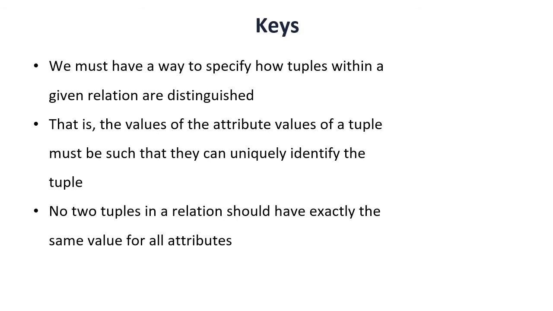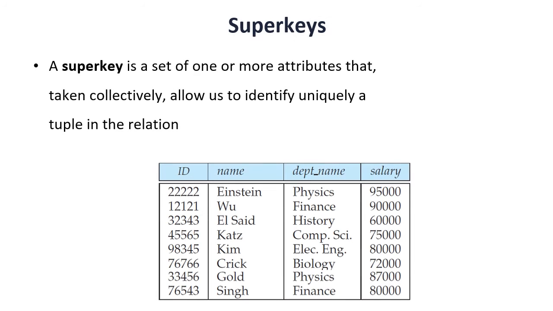In the relational model, we must have a way to distinguish each tuple in a relation. That means attribute values of a tuple must be such that we can uniquely identify the tuple. No two tuples in a relation should have exactly the same values for all attributes. A superkey is a set of one or more attributes that, when taken collectively, allow us to uniquely identify a tuple in the relation.